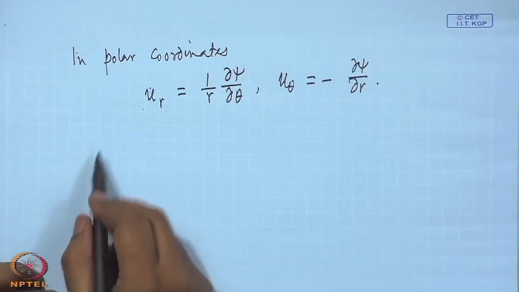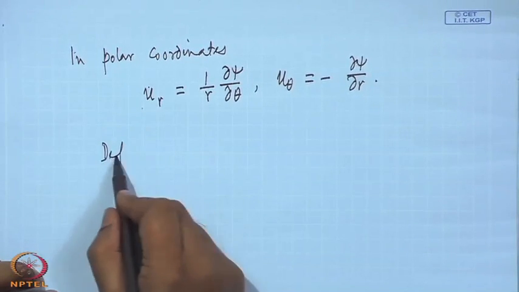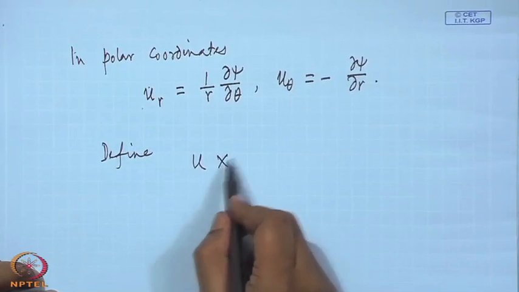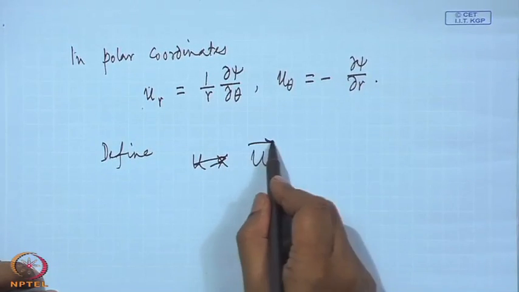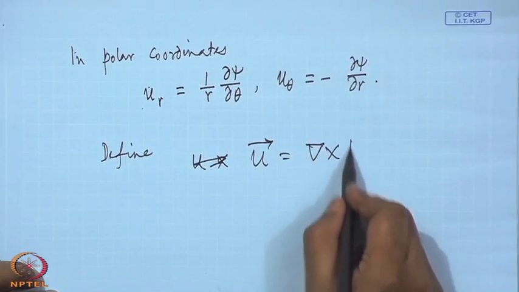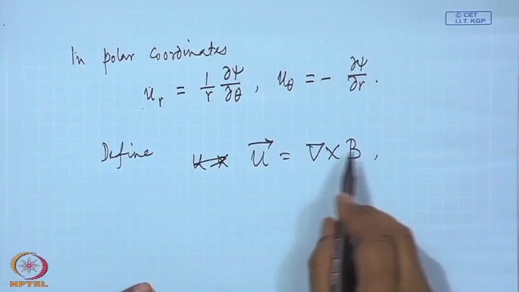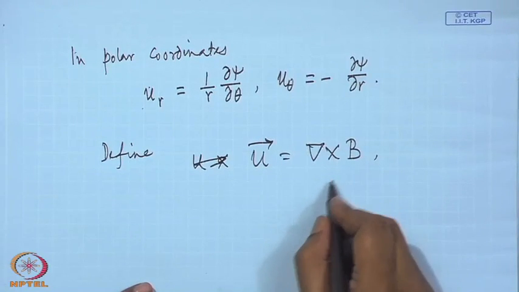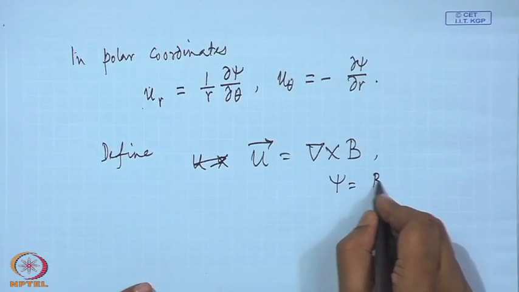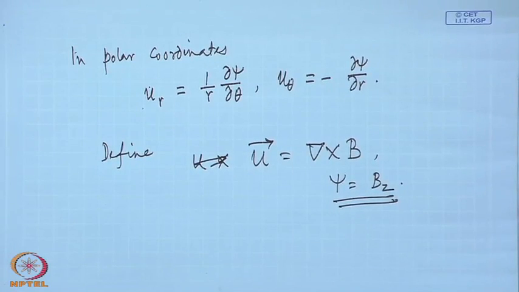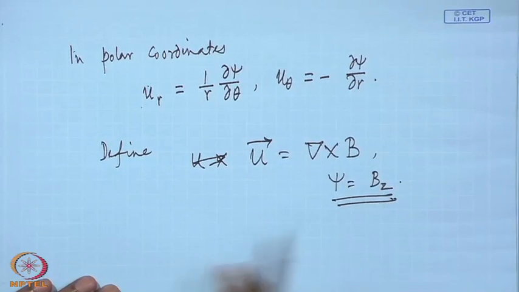That is, if you define u equal to curl B, then the stream function is the third component of this vector potential. This B z we mean the third component of the vector potential, the z component.